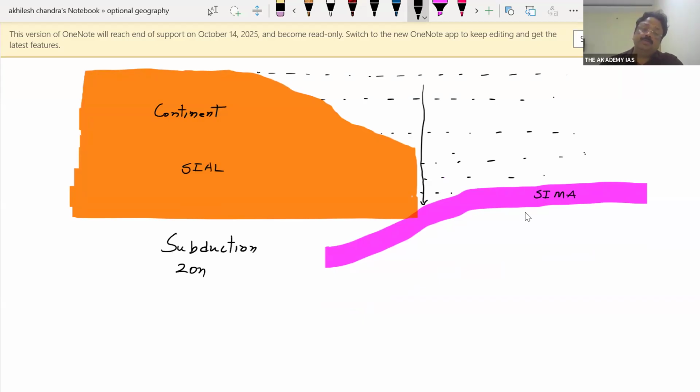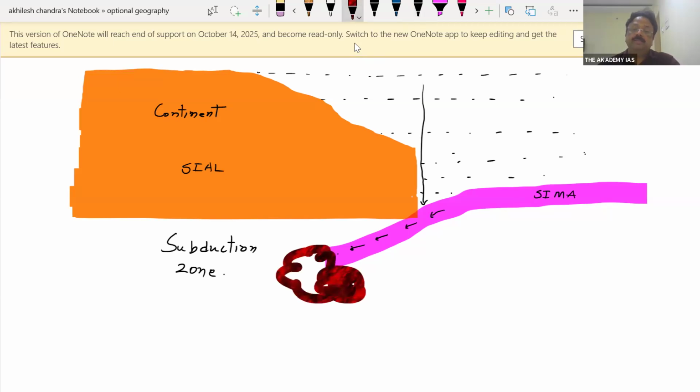Near it, oceanic crust is subducted below the continental crust, and there is continuous melting of this crust because the temperature inside is too high, and formation of magma takes place.